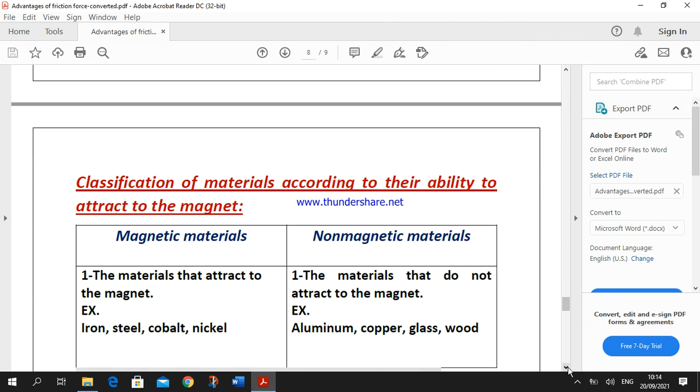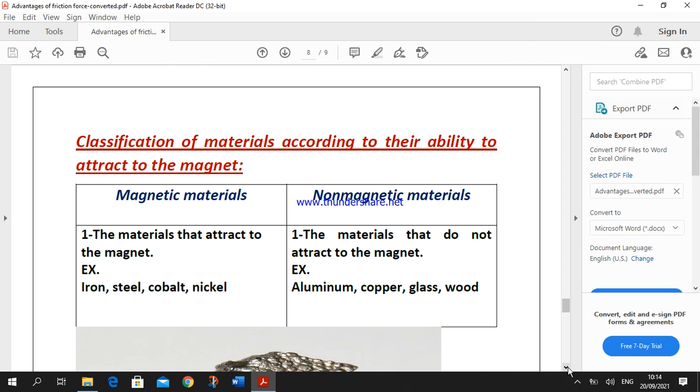Also, we can classify materials around us, according to their ability to be attracted to a magnet, into magnetic materials and non-magnetic materials. Magnetic materials are attracted to the magnet, like iron, steel, cobalt, and nickel.